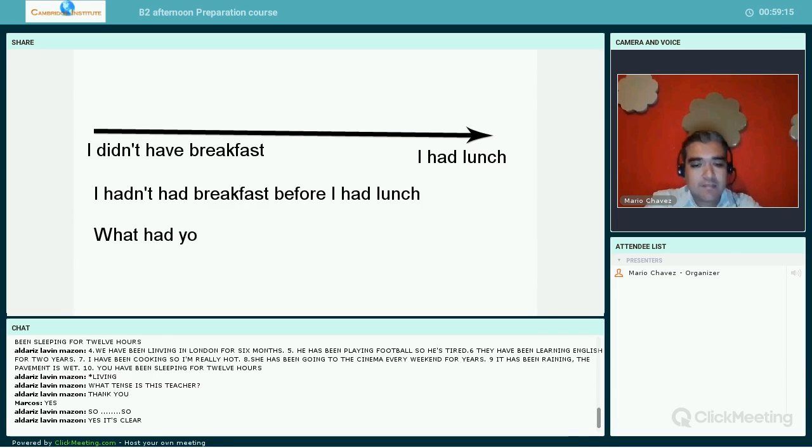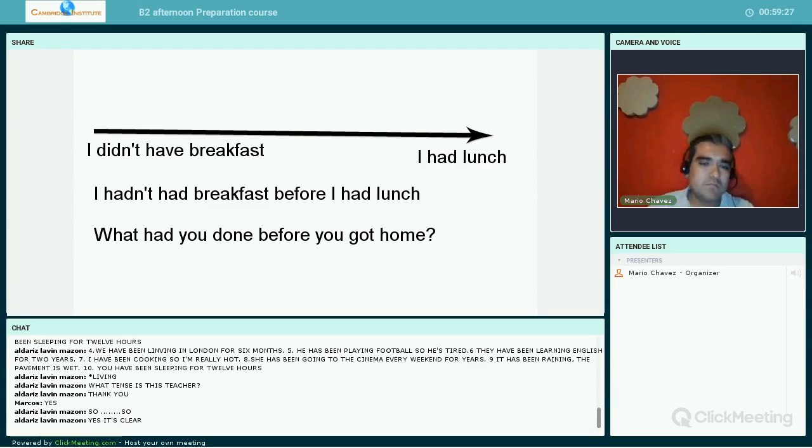You can make it a question too. What had you done before you got home? ¿Qué habías hecho antes de llegar a casa? Right? What had you done? One more time, we follow the structure, right? What is the structure?